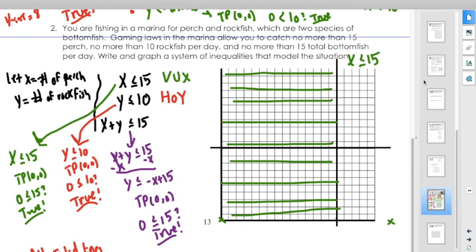This is y is less than or equal to 10. And again, let's shade. It was true, so I'm shading towards my test point of 0, 0. So I'm going this way now. Everything towards the test point.